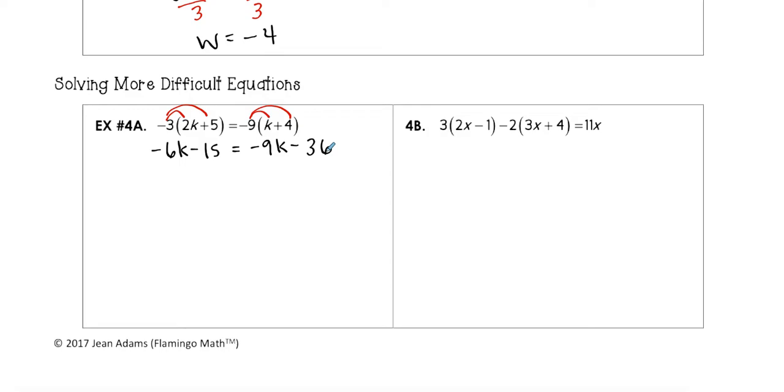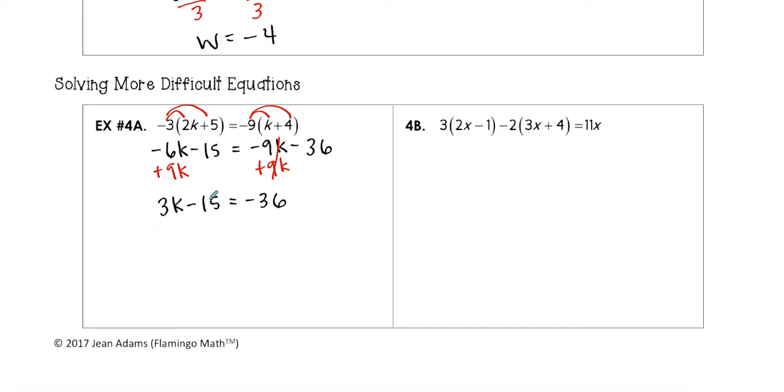Or should I add 9k to both sides and then I'll get a positive 3k? We want to add 9k so it ends up being positive. So I'm going to go ahead and add 9k to both sides. All right, so I have negative 6k plus 9k gives me a positive 3k minus 15 equals negative 36.